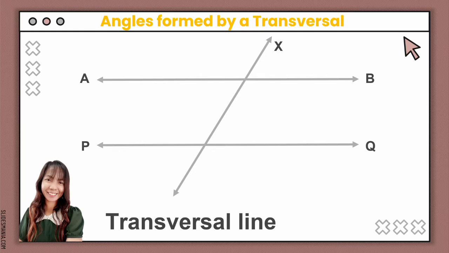So let's name the line here XY. In the picture that you can see on the screen, line XY is the transversal line. Okay, please repeat after me. Transversal line. The example is line XY.